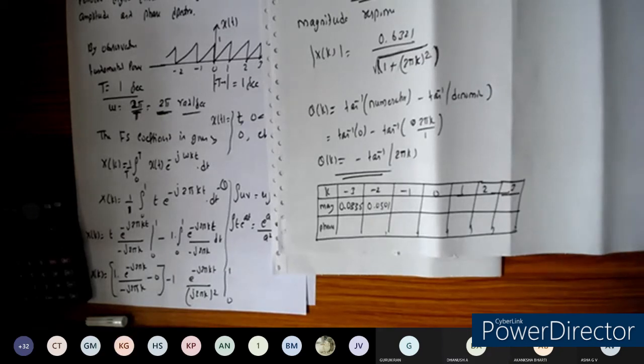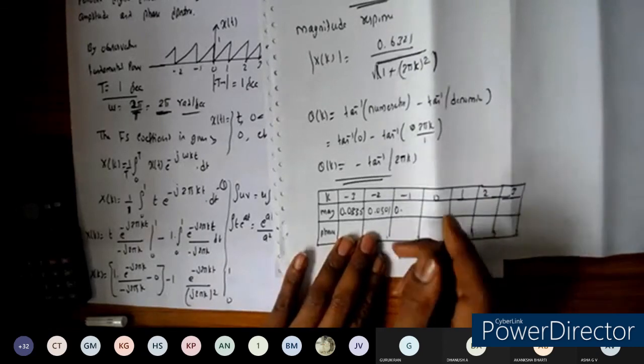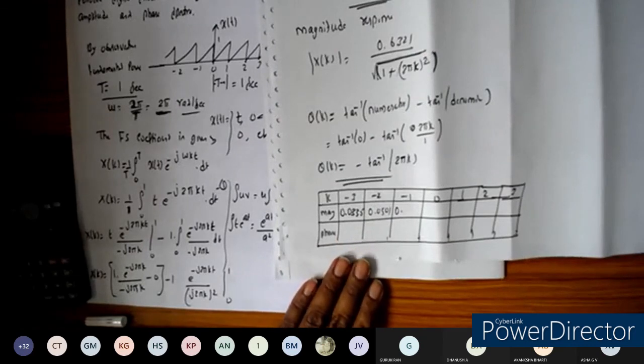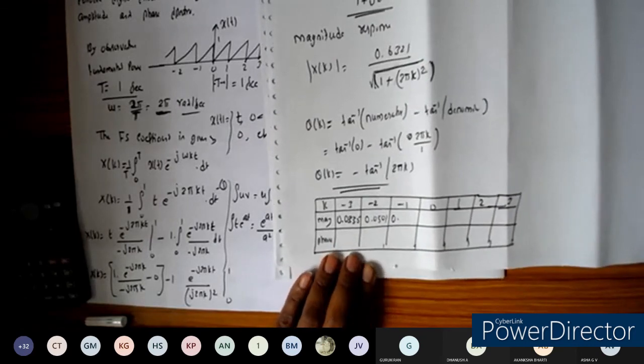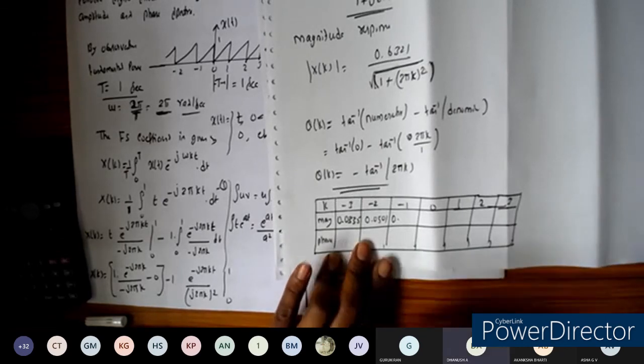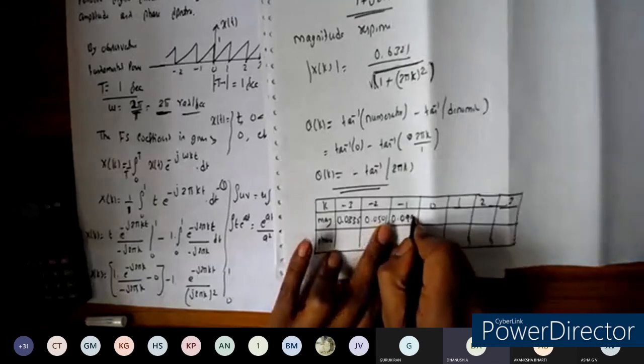For k equal to -1, just press the CALC button and you can find the answer. 0.099. Very good.